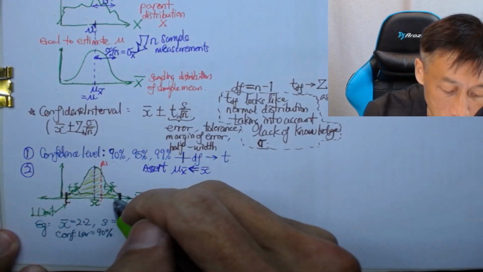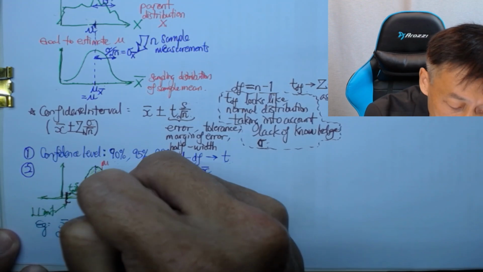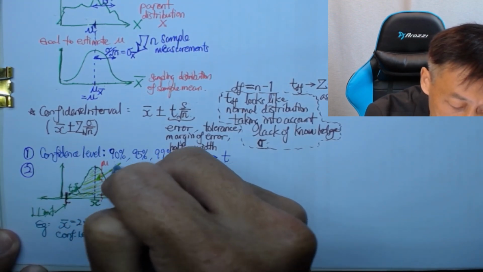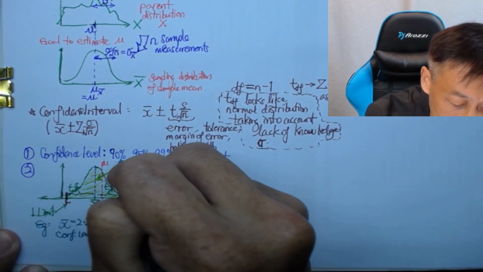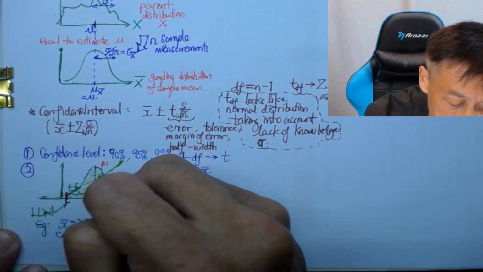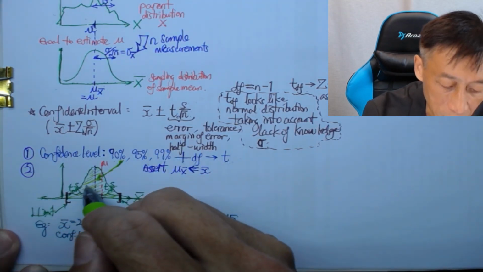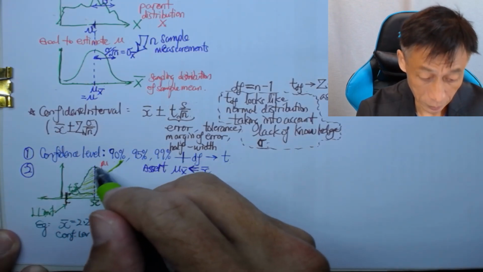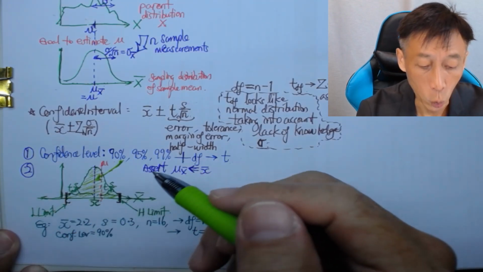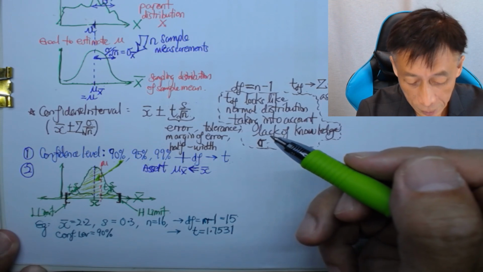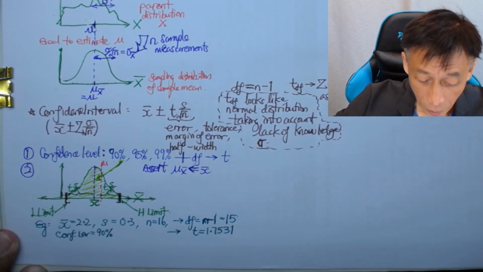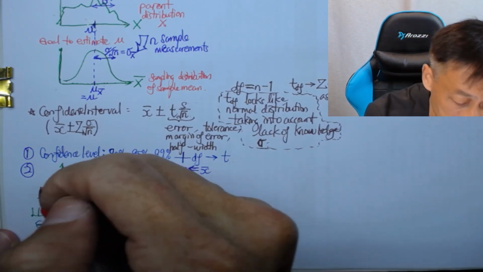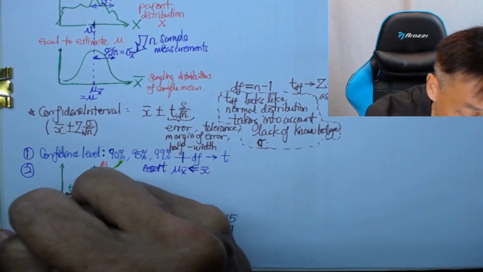So this value is our confidence level. If you say the confidence level is 90%, then this area, in other words the probability under the PDF curve, is going to be 90%. I'd like to also highlight that it is symmetrical.